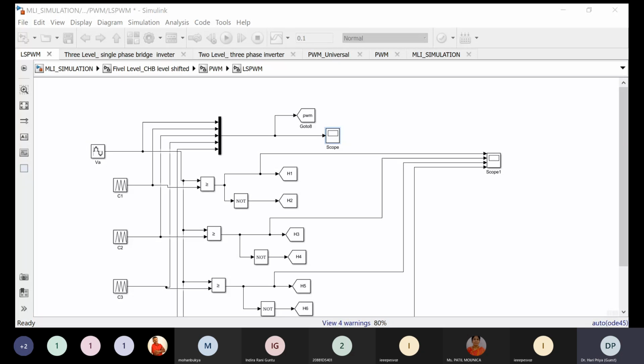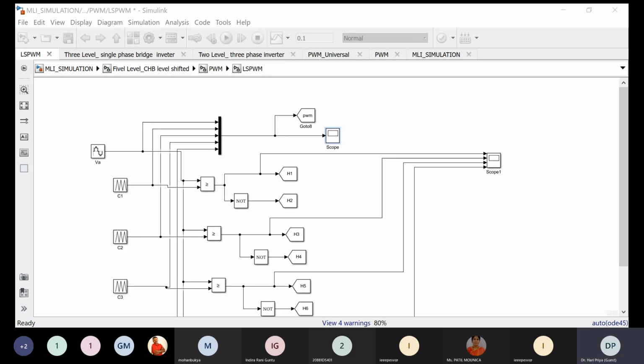If I take the first carrier C1, given with this magenta color, and compare it with the sine, the output pulse we get is responsible for getting a voltage band from V to 2V, because it is on the upper half of the sine wave.